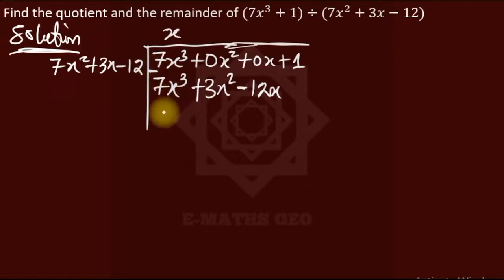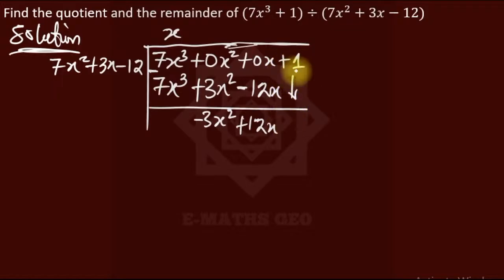So each time you subtract. So 7x cubed minus 7x cubed is 0. 0x squared minus 3x squared is minus 3x squared. 0 minus minus 12x is plus 12x.